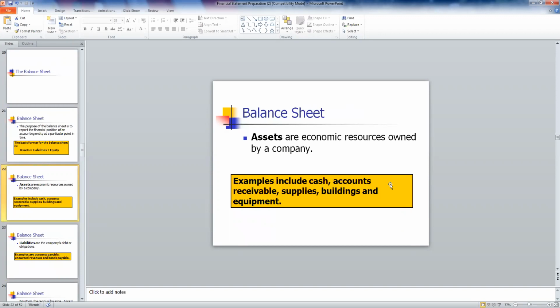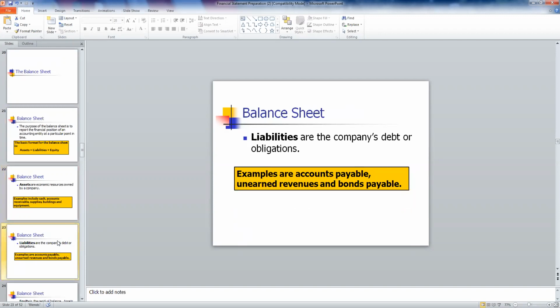Buildings, if I own the building. Equipment, if I have equipment such as automobiles, computers, and the like. Those are things that I own. So think about your own personal balance sheet, right? You may have some of these things, and a business may have more of them. They may be different forms, but essentially it's the same idea.